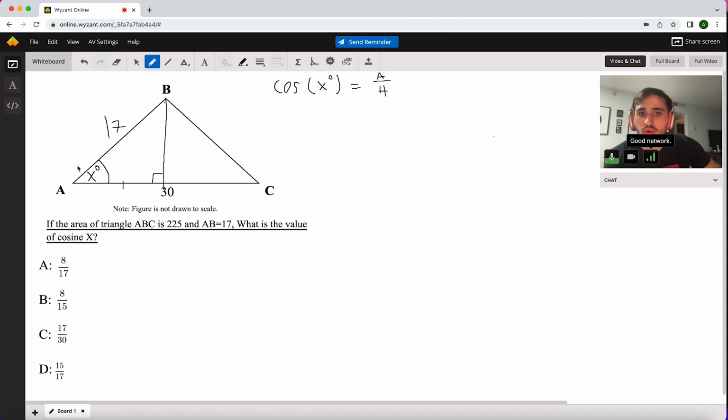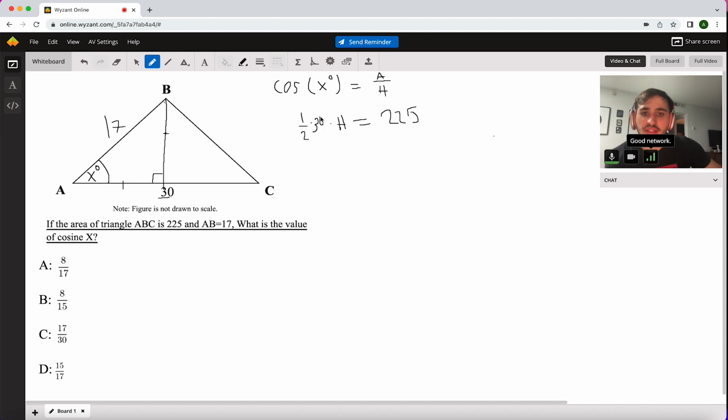Okay, so now they give us the area. Let's use the area formula, which is equal to 225. We already know what the base is, which is 30. So we're going to use this equation to solve for the height, which is right here. Makes sense. So the base is 30.